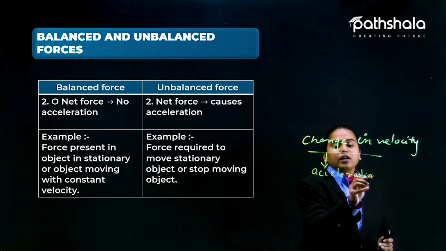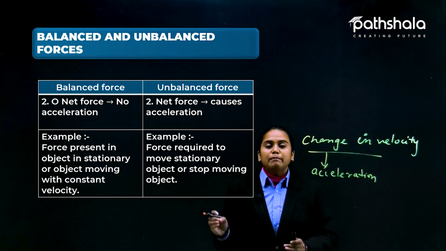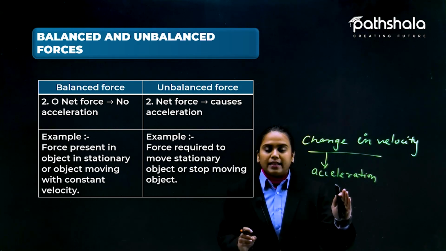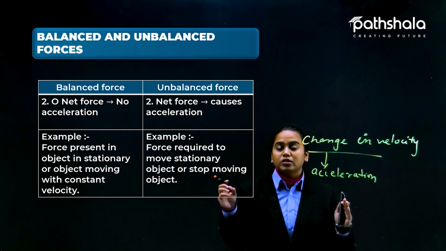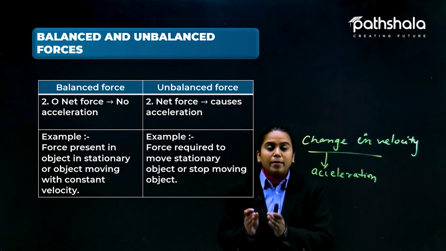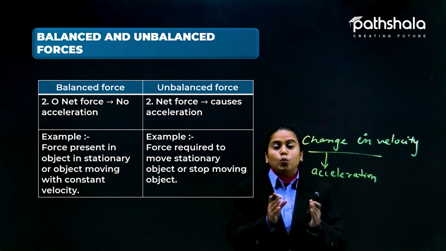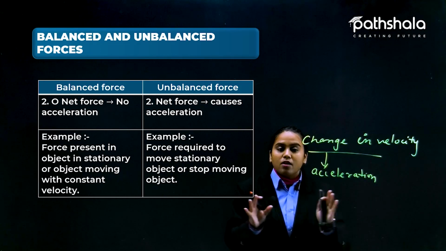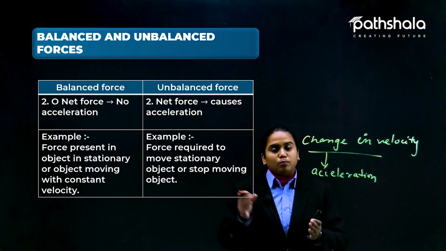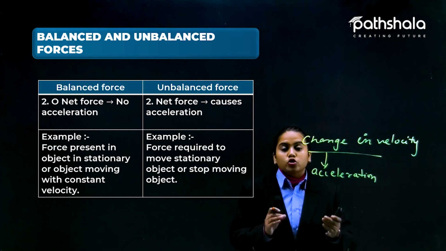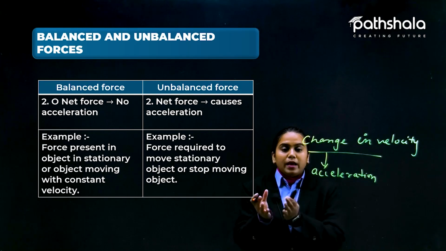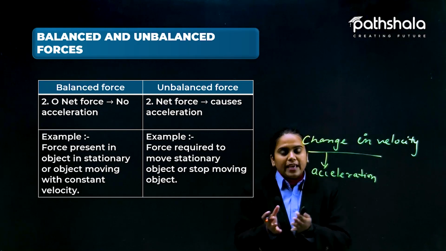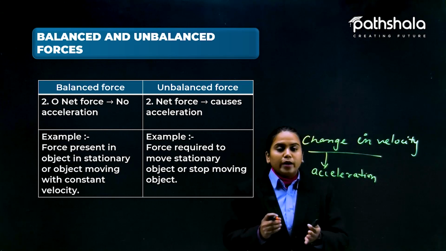So in the matter of unbalanced force, acceleration occurs because we need a certain external force to move a stationary object or to stop a moving object. That creates the imbalance in the object because the equilibrium gets disturbed.